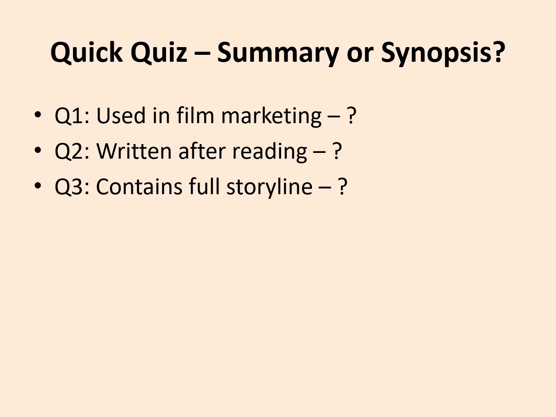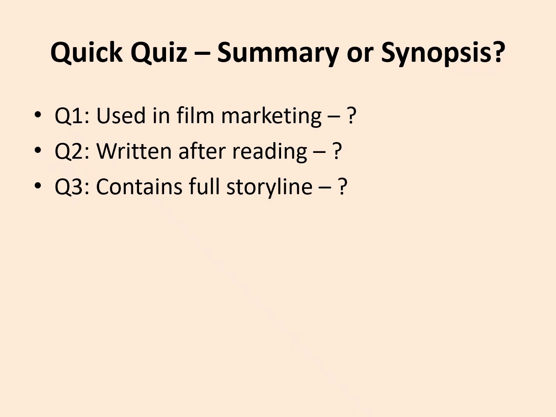Written after reading at the end. You have already done the reading. So the content is already known at the end. So it should be summary. So when it is used for marketing, that means the person has not yet watched the film, but it is like advertisement.